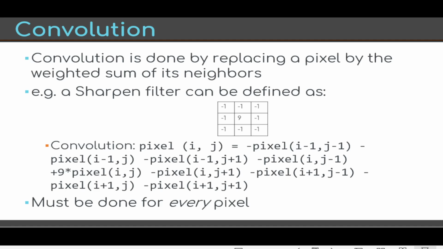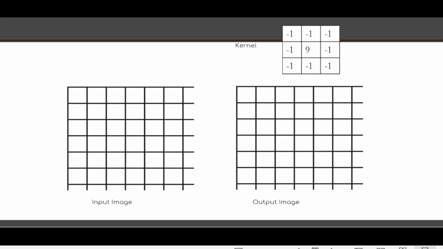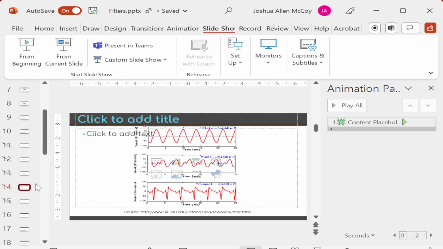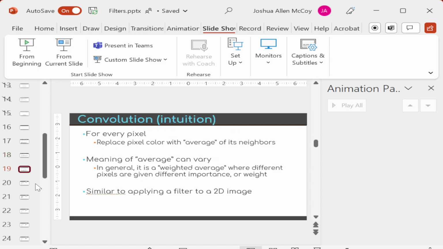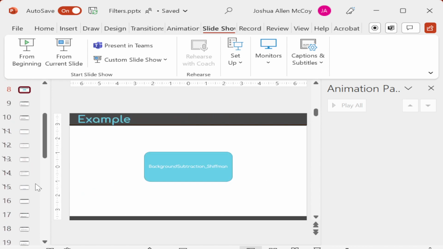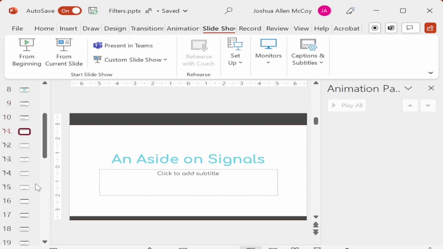And so if you want to do this on an image, you want to do it for every pixel. One moment. Filter. I'm going to run an example right now just to show you what this looks like.